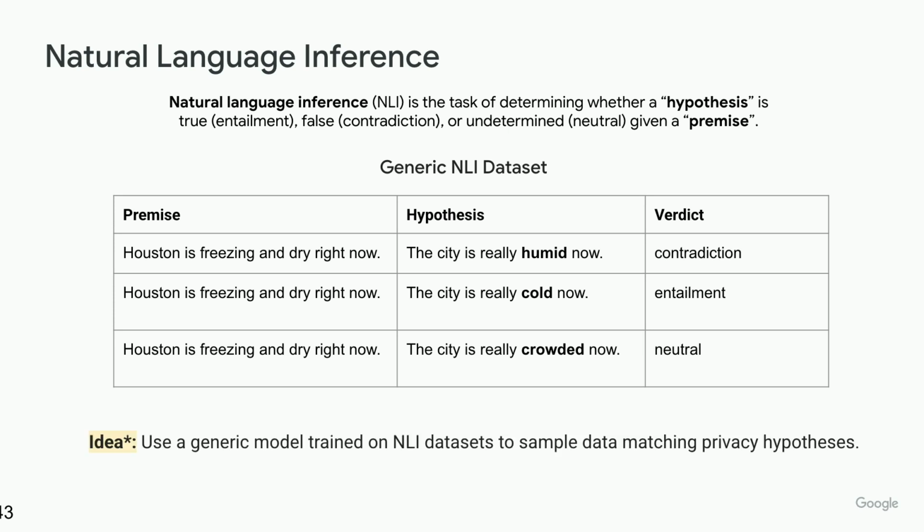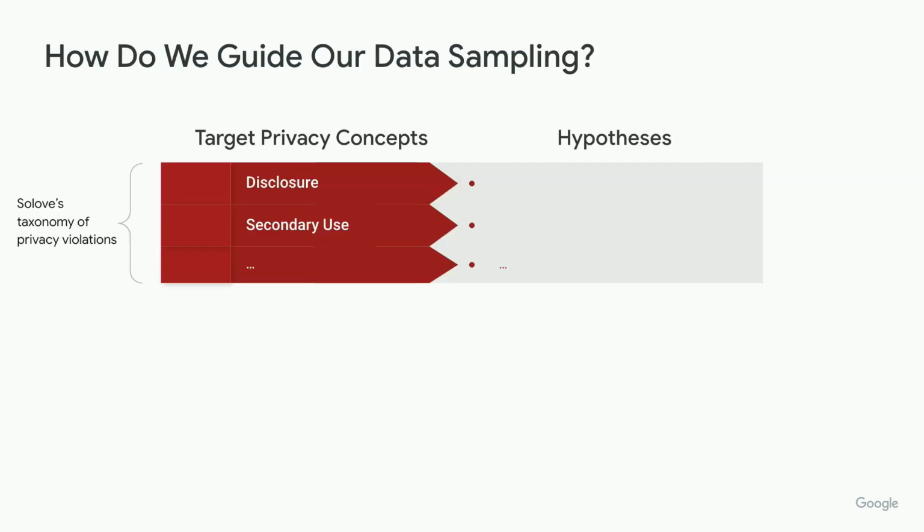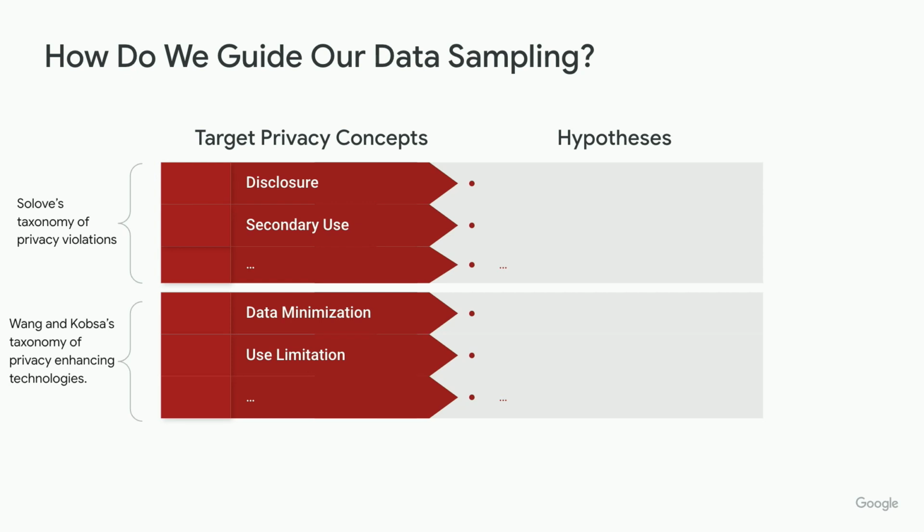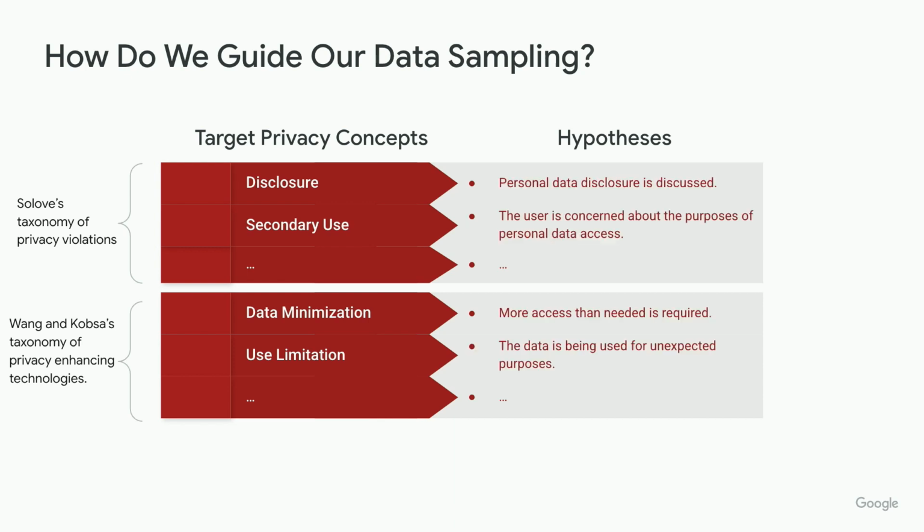So how can we use this? A good idea for building these training sets is to take a set of, in this case, privacy taxonomies. You can use an ensemble of many privacy taxonomies if you want. One of them we looked at was Solove's, which talks about violations. We used another one, Wang and Kosaba, that talked about privacy technologies. And for each concept in there, you come up with a hypothesis.